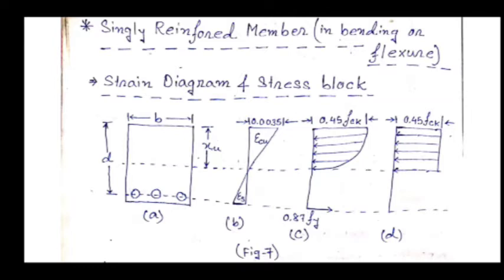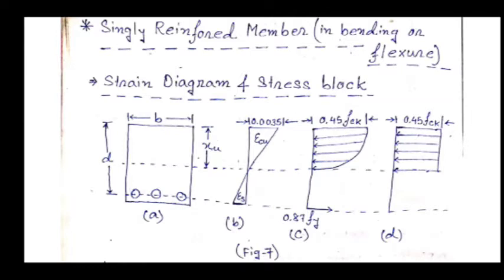The value at the top fiber is 0.45 fck and at the bottom 0.87 fy. And figure 7d is also a stress block, which comes obviously from IS 456-2000, clause number 38.